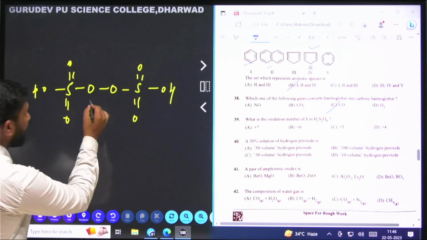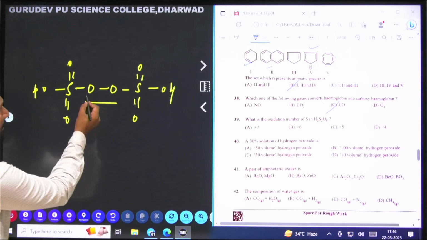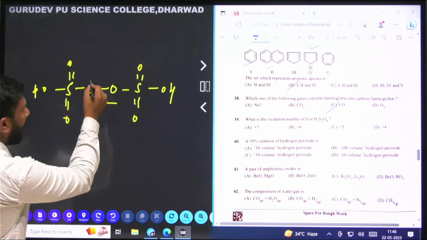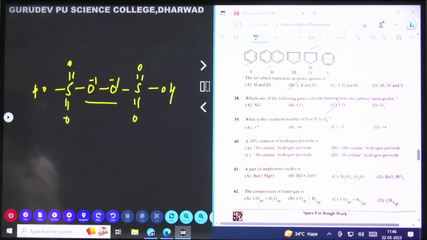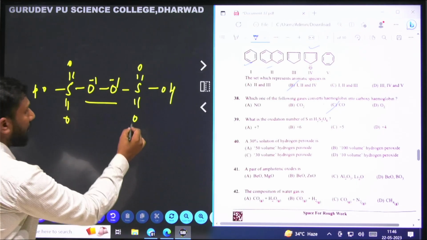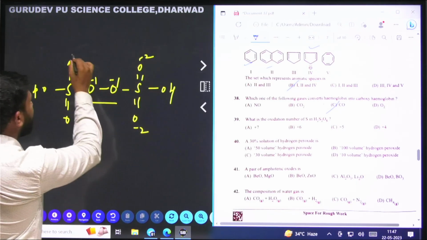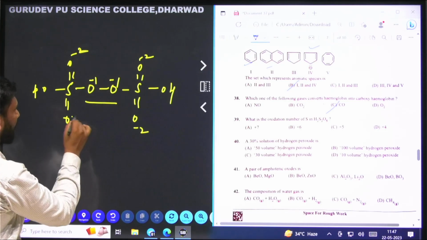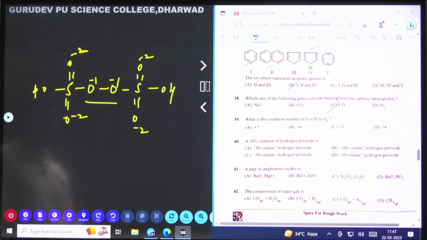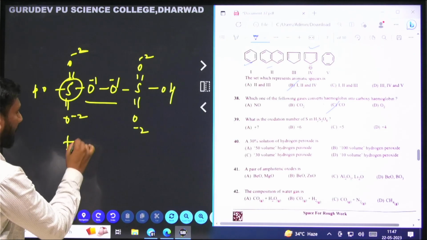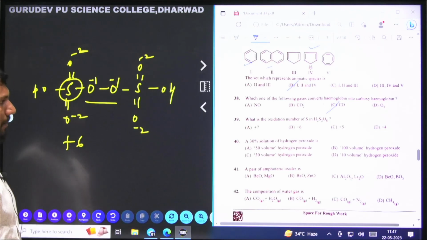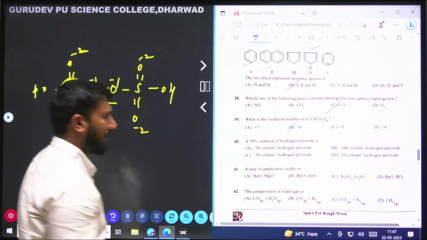In this structure, the oxidation state of the two bridged oxygens is -1 and -1 because these two oxygens exist in peroxide form, but the remaining oxygens are in oxide form. Hence the oxidation state of the other oxygens is -2. That's why the oxidation state of sulfur is +6. Our answer is option B.